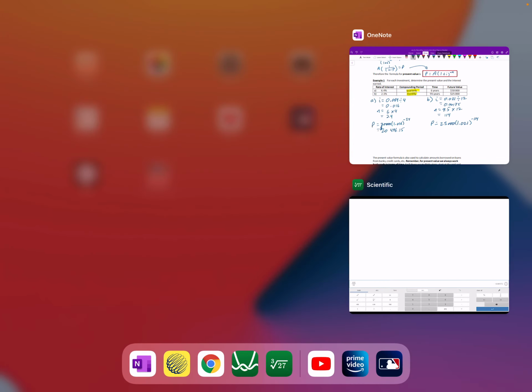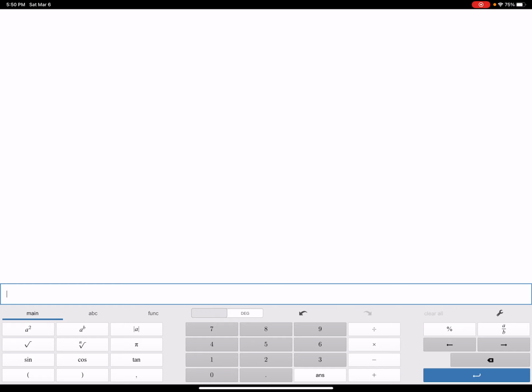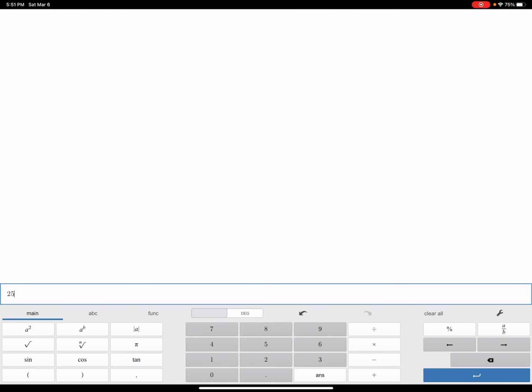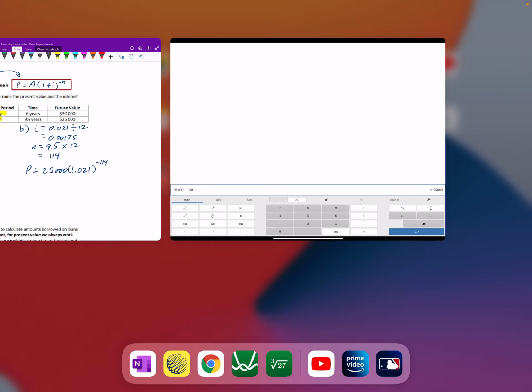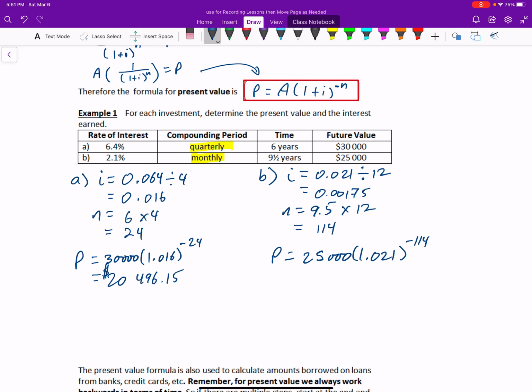And again, it's just a matter of typing everything into the calculator. Let's see. Forgot all the values already. 25,000 times 1.00... It's not 21 though. I realize I wrote something wrong here. This number is not my i value.